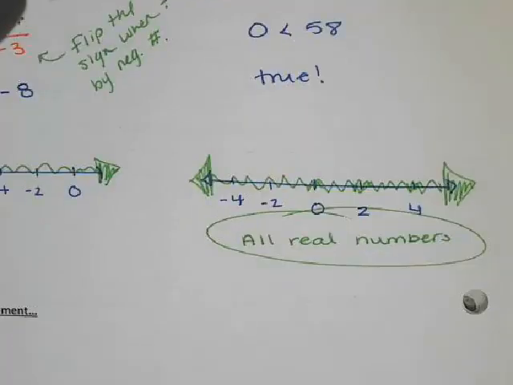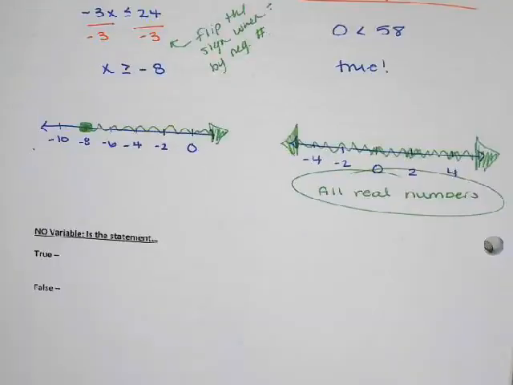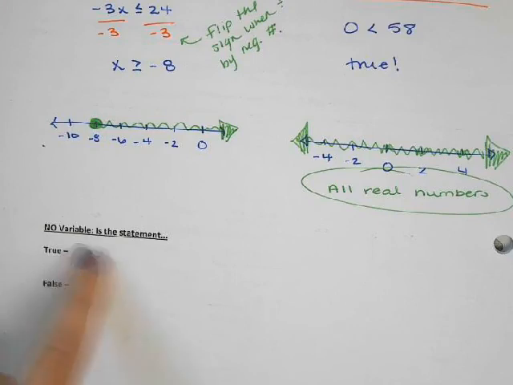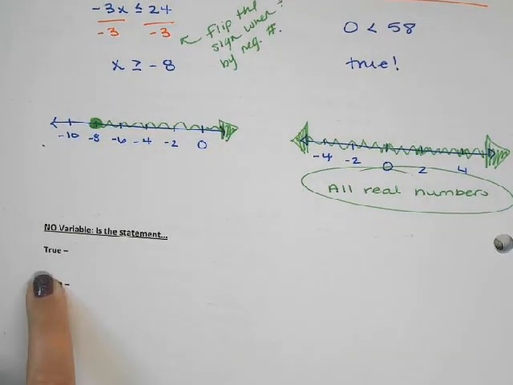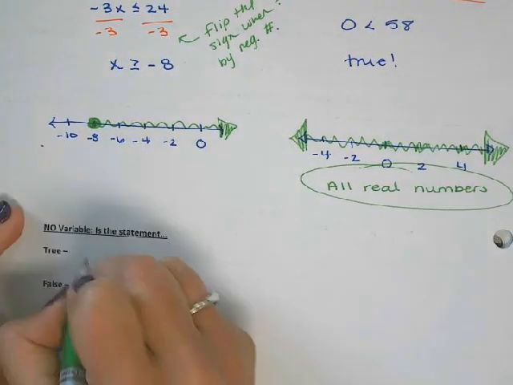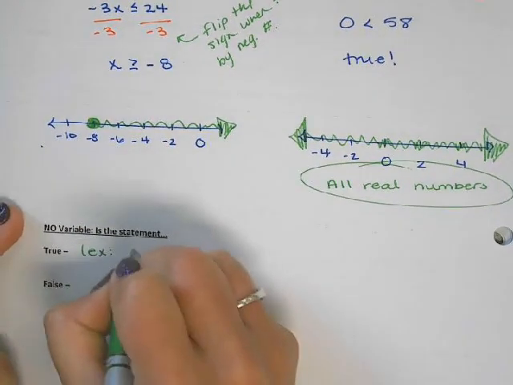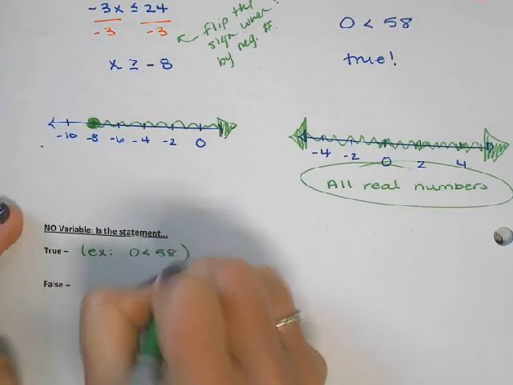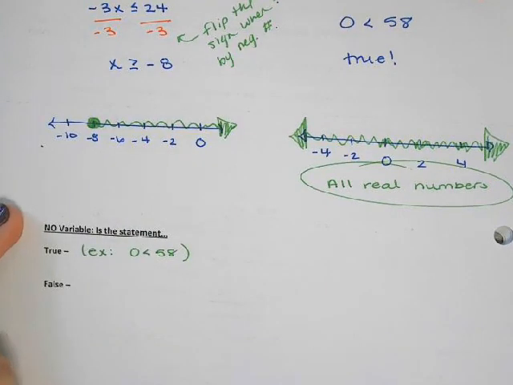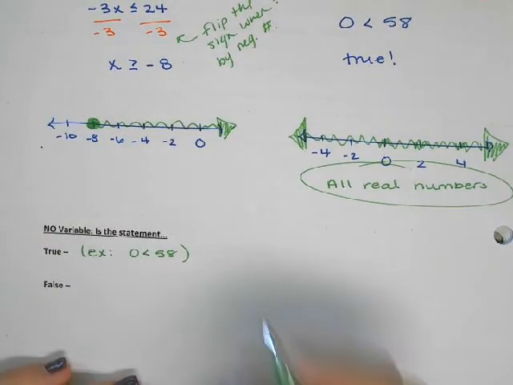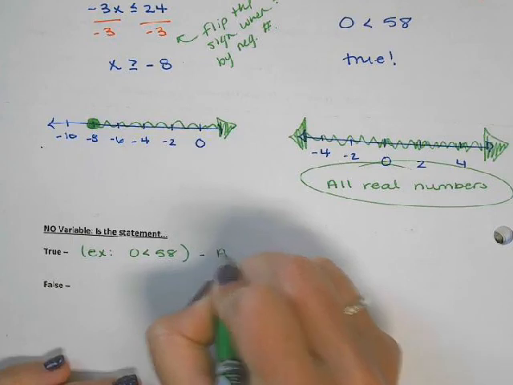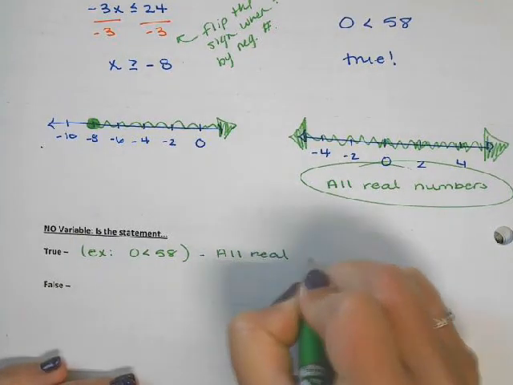If there's no variable, we have two options, okay? If there is no variable and the statement is true, for example, like up above when we had 0 is less than 58, that's what it would look like. Then we'll write that our answer is all real numbers.